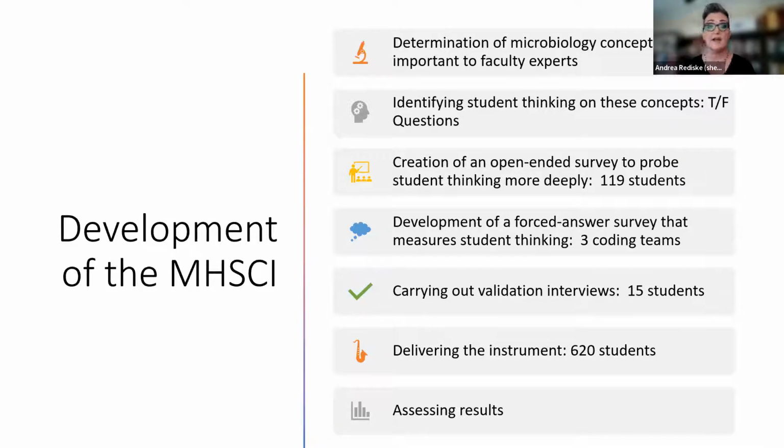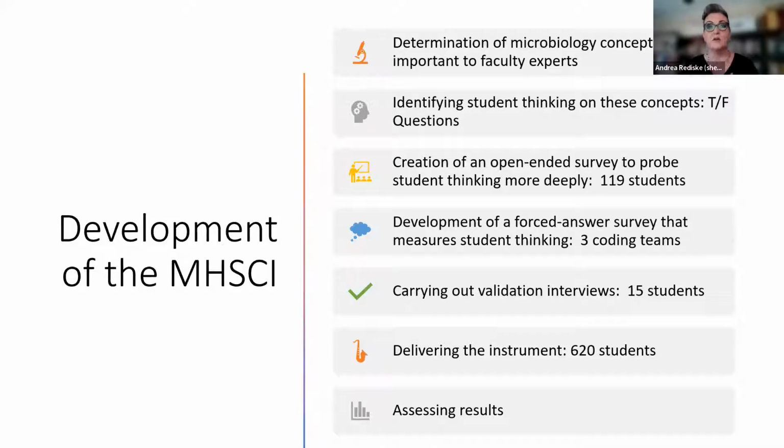So what we did to develop the Microbiology for Health Sciences concept inventory: first we surveyed faculty experts and found which concepts were most important to microbiology educators. And from that, we developed a series of true-false questions to identify student thinking and what their preconceptions or misconceptions were about these topics. And these were true-false questions that also asked students for their feedback.